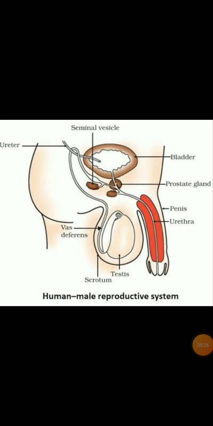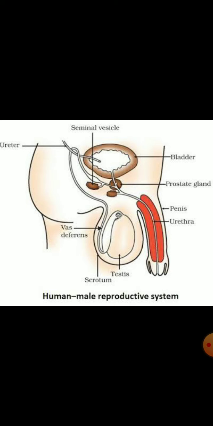Then the sperms which are formed are delivered through the vas deferens, which unites with a tube coming from the urinary bladder. Look at the figure carefully. There is a bladder from which a tube-like structure is formed, and there is the vas deferens.